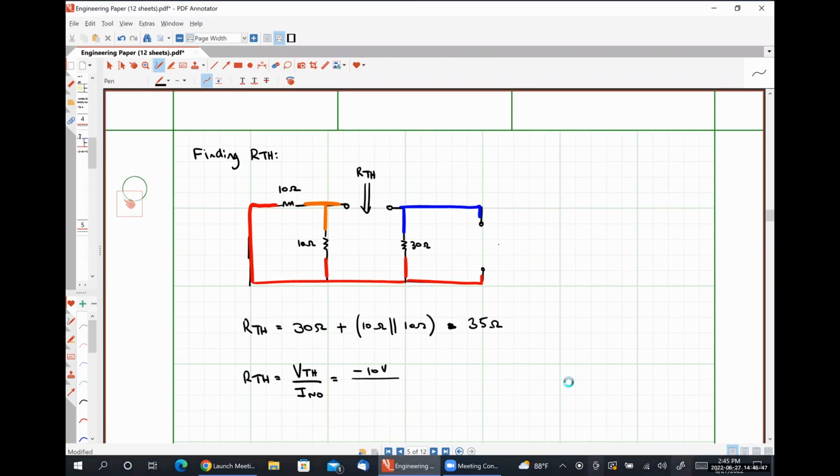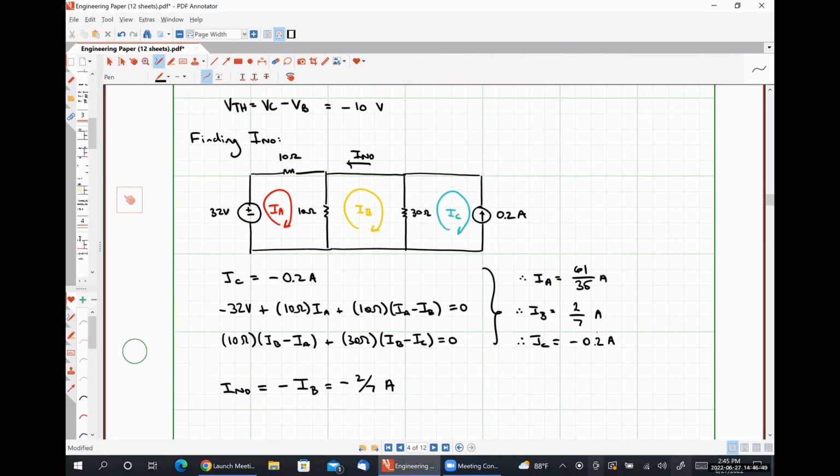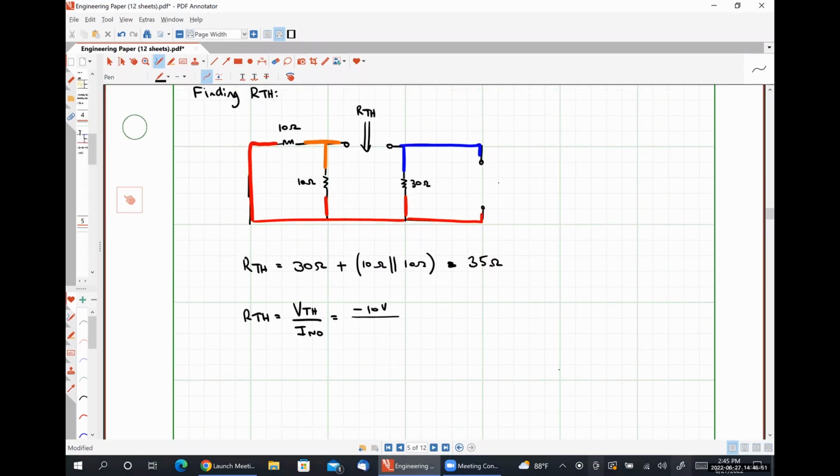Our Norton current we found to be -2/7. And if I divide -10 by -2/7, that's the same as multiplying -10 by -7/2. And I wind up getting 35 volts per amp or 35 ohms.